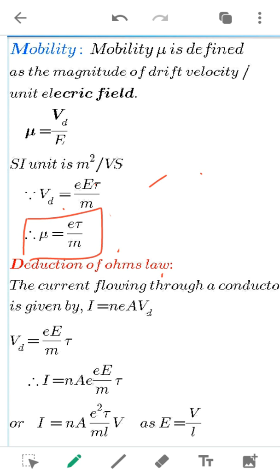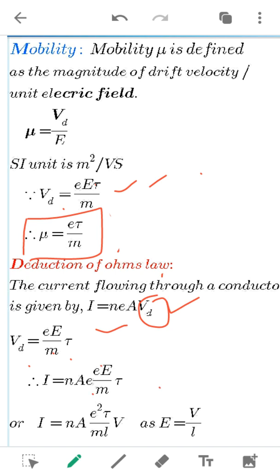Let us take the current equation flowing through a conductor, I equal to n e A Vd, which we have already derived. Also, from Vd equal to e capital E into tau by m, substitute for Vd in this equation: I equal to n A e into e capital E upon m into tau.